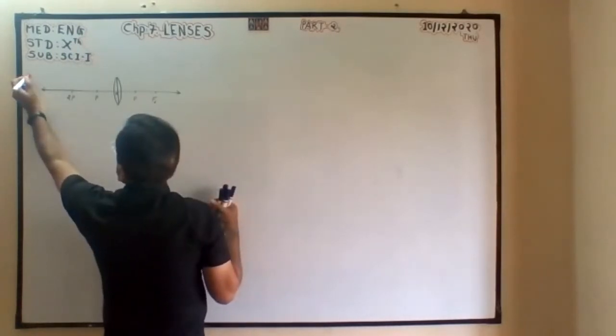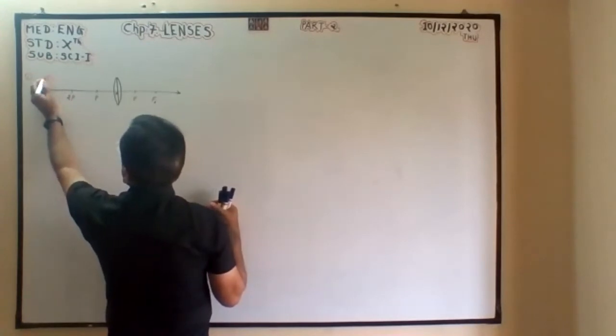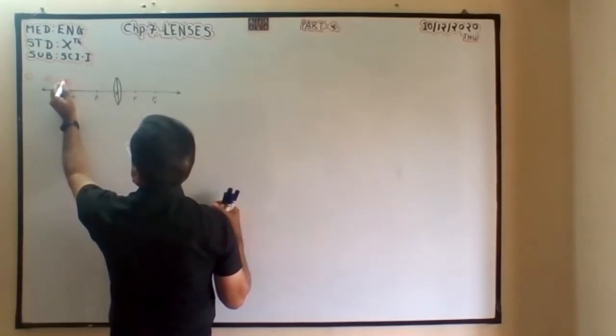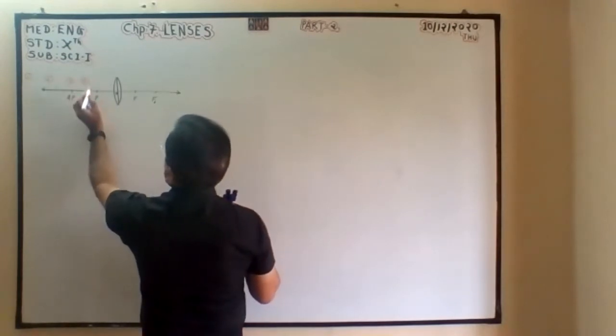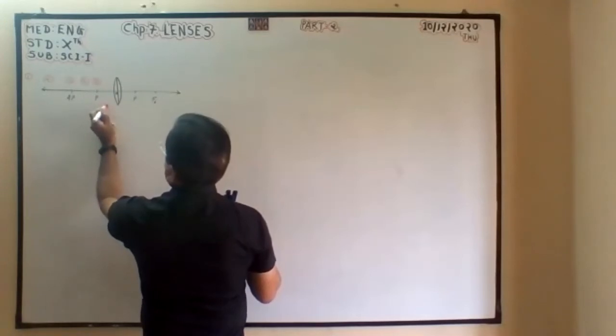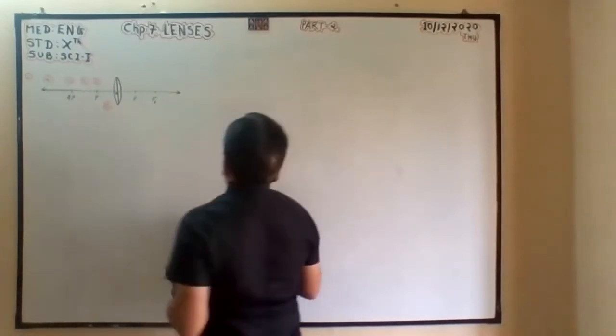Position number 1 infinite, position number 2 beyond 2F, position number 3 at 2F, position number 4 in between F and 2F, position number 5 at F, position number 6 within the focal length.